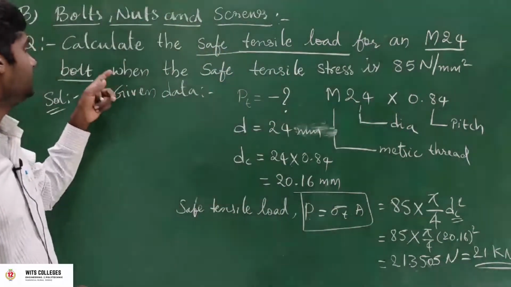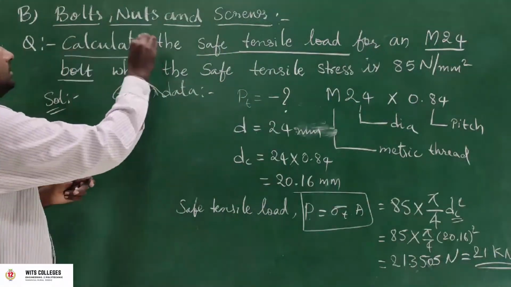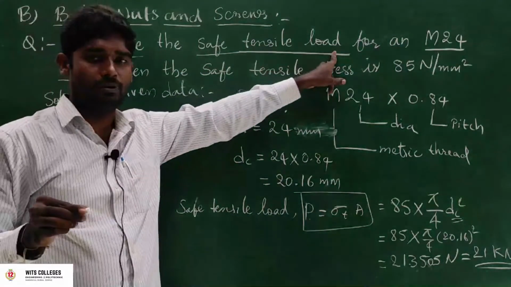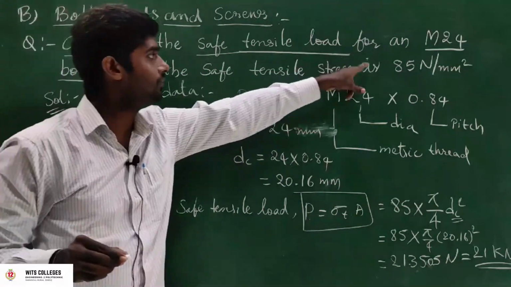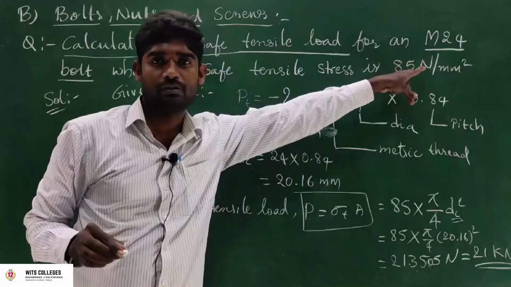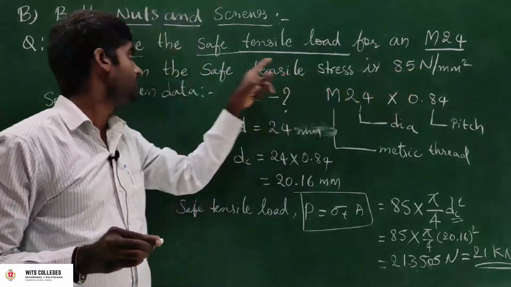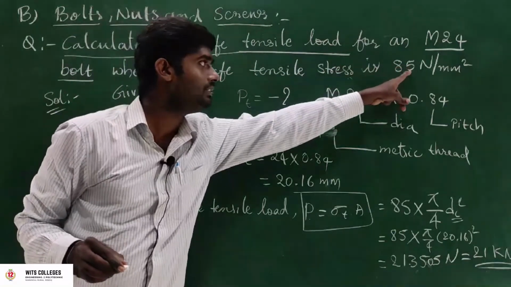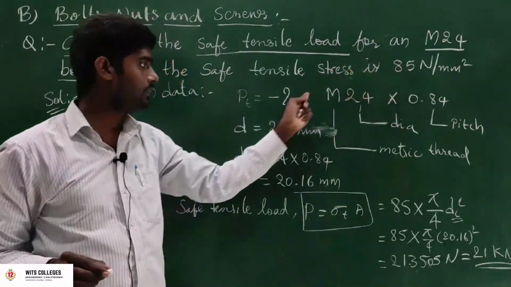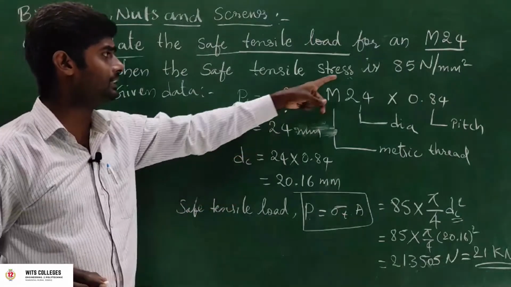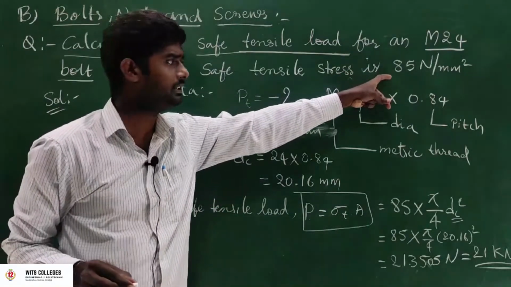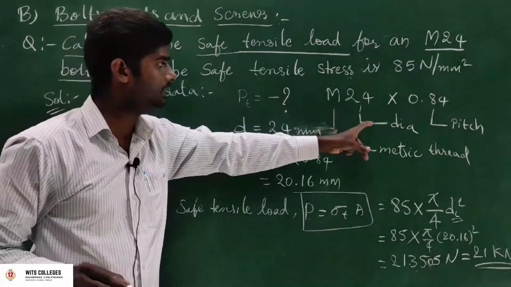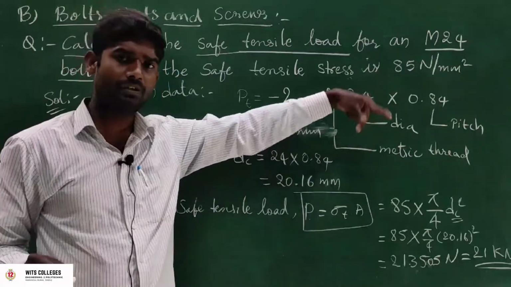In this one, we calculate the safe tensile load, that is P, for an M24 diameter bolt, and the safe tensile stress is 85. Sigma T is equal to 85, and D is equal to 24. After that find out the DC.